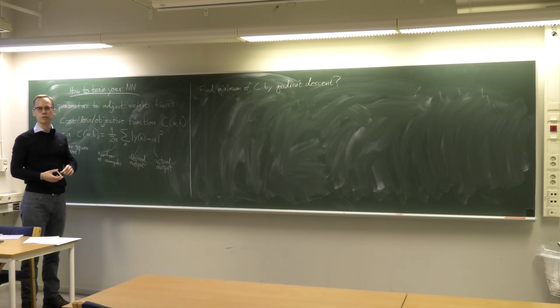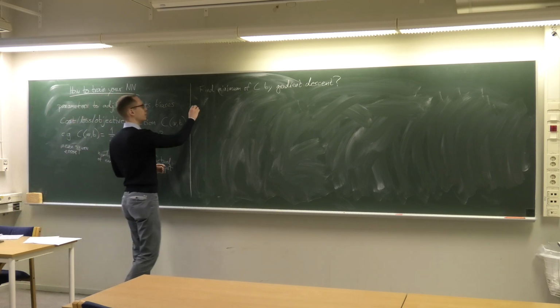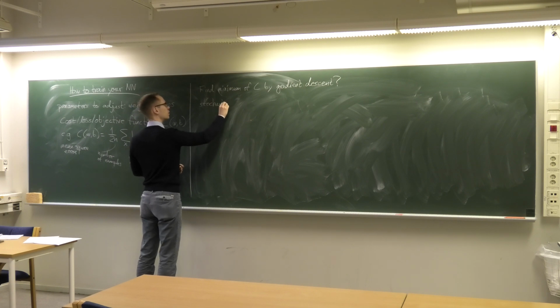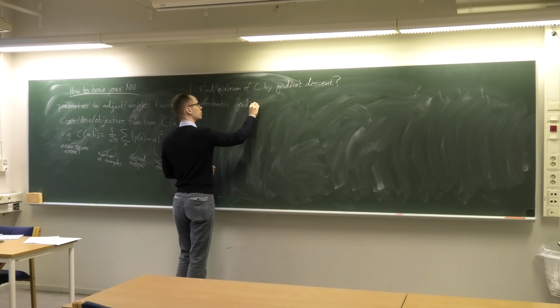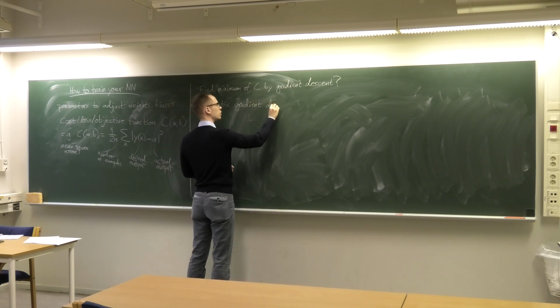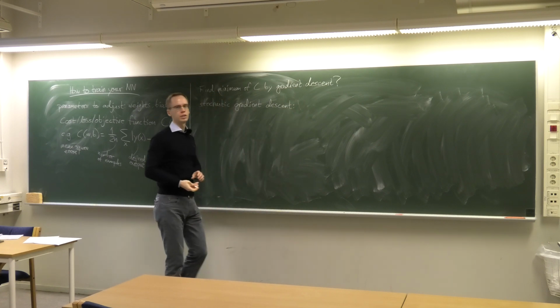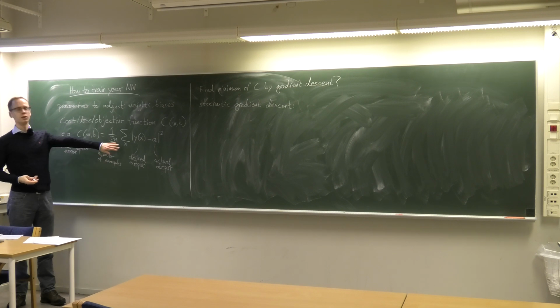So there are two tricks here that are essential to making machine learning feasible. And one is stochastic gradient descent, which is basically that you only use some of the training data in each step.